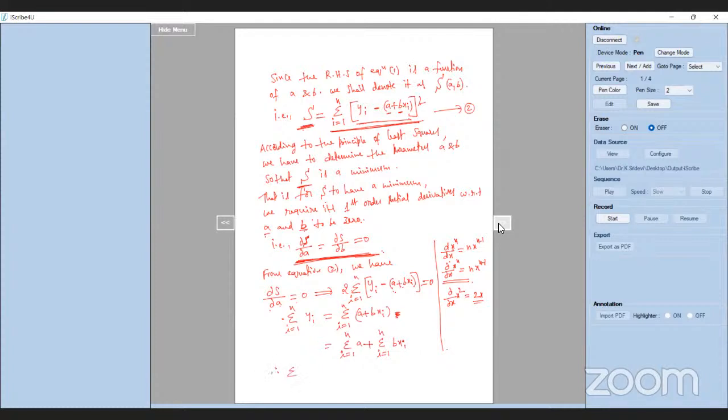Therefore, summation i equal to 1 to n yi is equal to n times a, na, plus b into summation i equal to 1 to n xi, because b is a constant parameter. Give equation number 3.